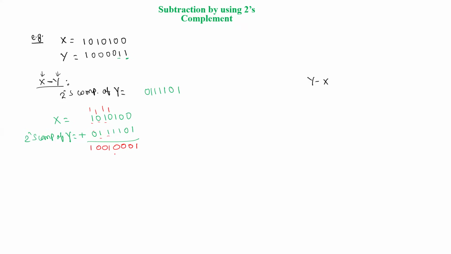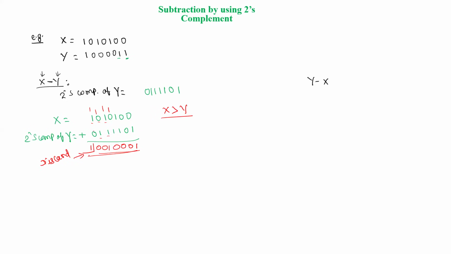So now what you see is that here in the given numbers the digits are 7, but in the result we are going to obtain 8 digits. So this last digit is what? Carry. So this carry should be discarded. Okay. So here you are going to discard the carry, and the remaining obtained sum itself is the value for x minus y. So whenever you obtain the carry here, that shows that x is greater than y.